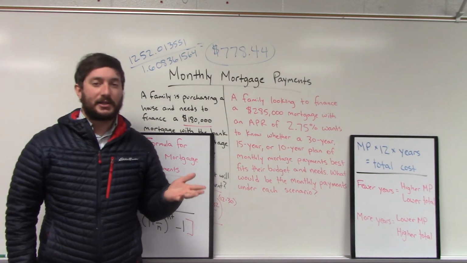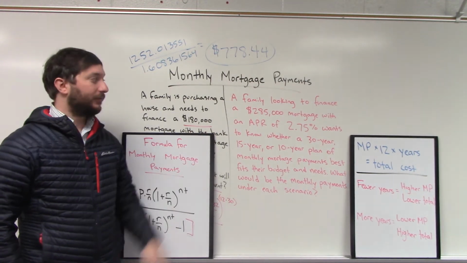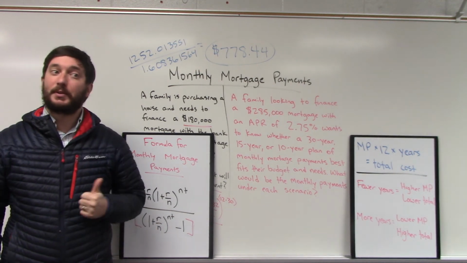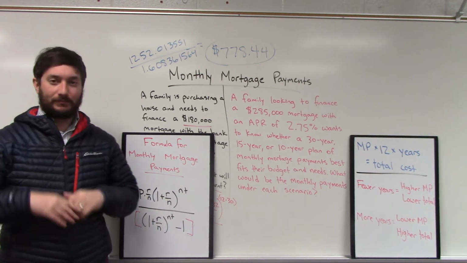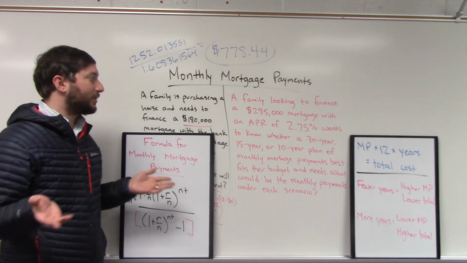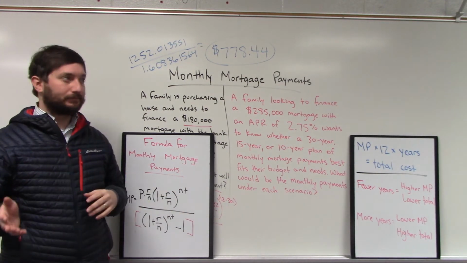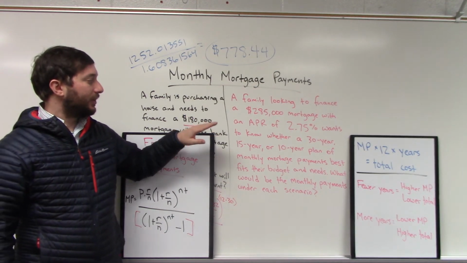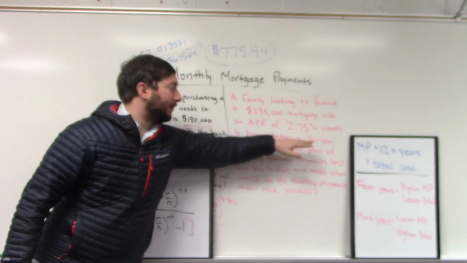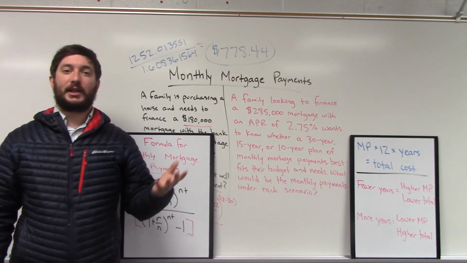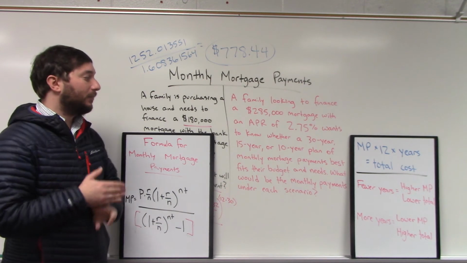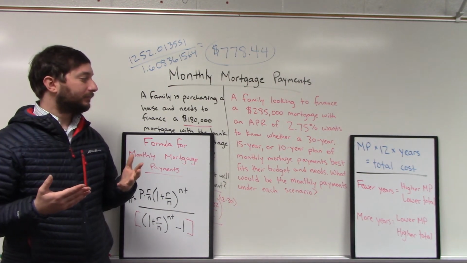I actually bought a house last year, and this was roughly the percentage that I got. It's pretty low. That's a good percentage. When you're ready to buy a house, I hope it's just as good or better. But if not, that's a decision that you'll need to make on your own. Those can fluctuate. And this family wants to know which plan will fit their budgetary needs the best: a 30-year, 15-year, or 10-year monthly mortgage payment plan.